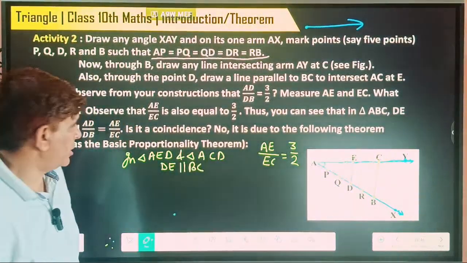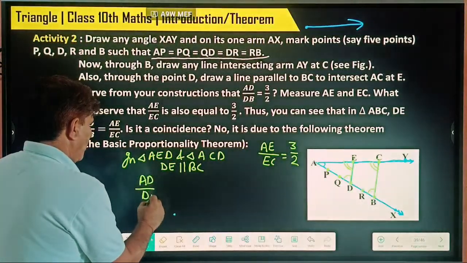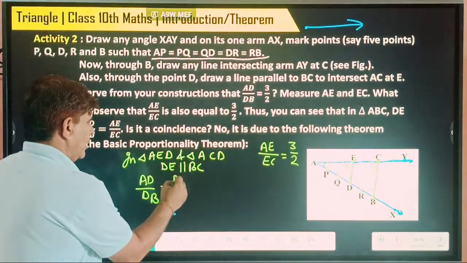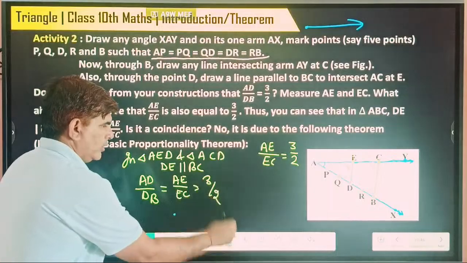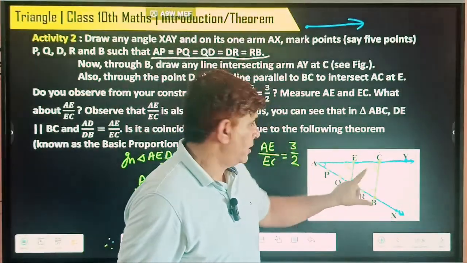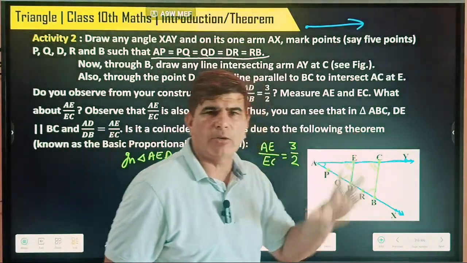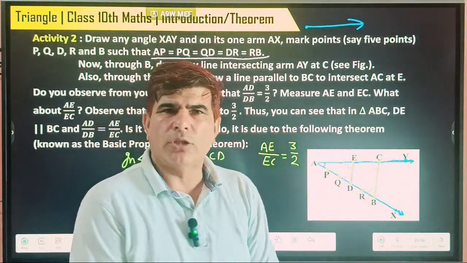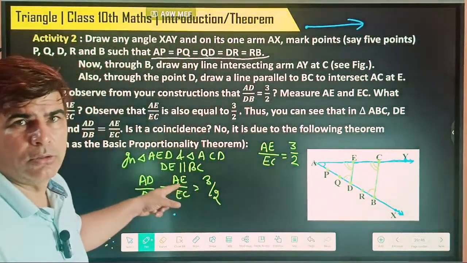This is our construction. Then what is coming? AD by DB equal to AE by EC, each equal to 3 by 2. If this is parallel to this, it means this angle equal to this angle, and the third angle also automatically becomes equal. So satisfying first condition, satisfying second condition also.